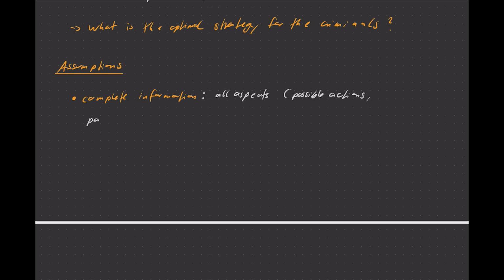Those include payoffs. So the number of years spent in jail in this example, we would say that's a negative payoff probably, and so on, are known to all parties. And they know this. So it's not just that they have all the information, they also know this is all the information there is.